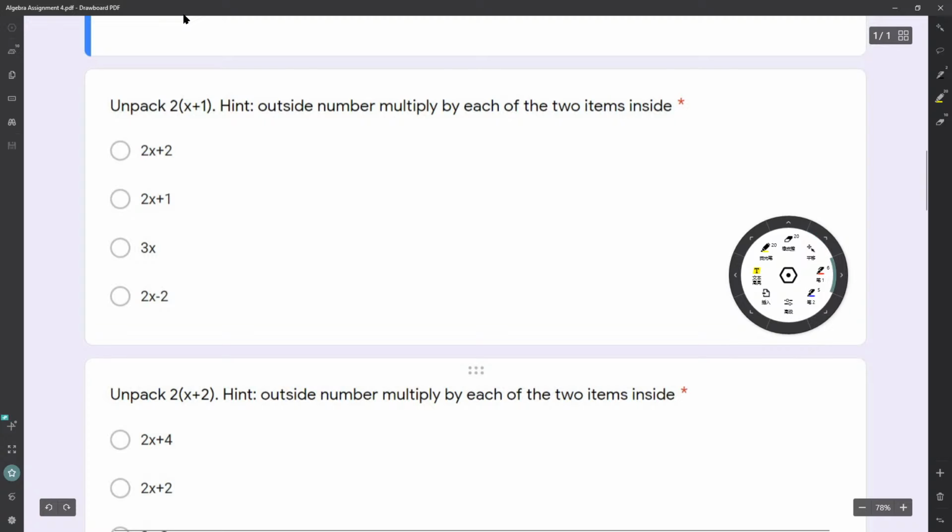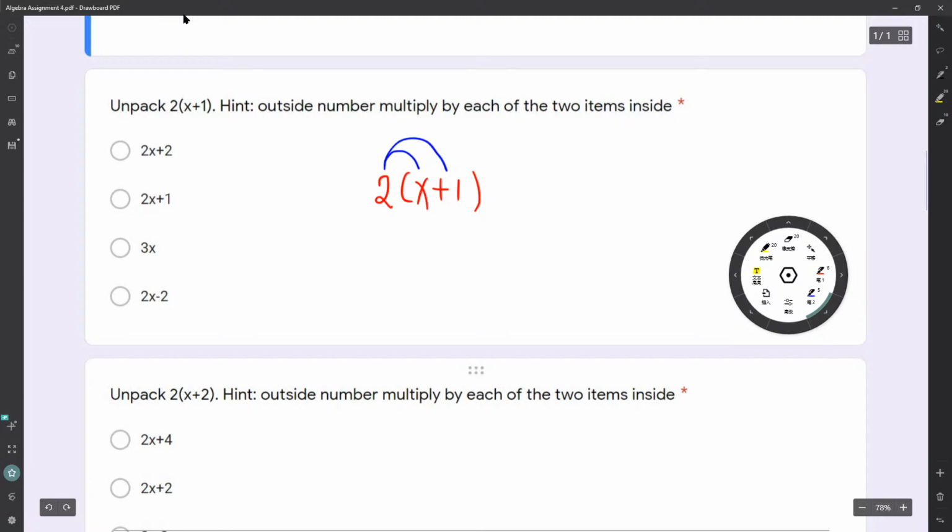Unpack. If you remember, unpack is the first step. So let's unpack 2 times, inside the parentheses, x plus 1. To unpack, we multiply the outside number to each number inside and then put them together.